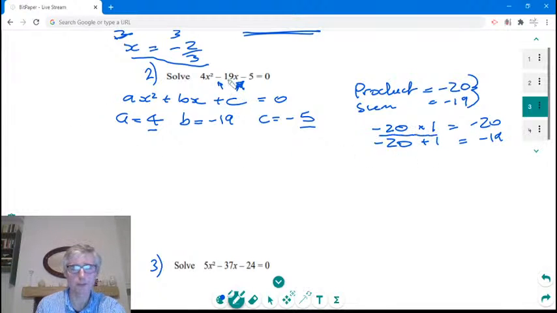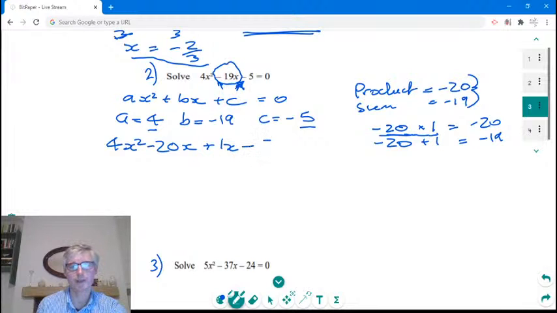So I'm going to split the middle number, minus 19x, into these two numbers. I'll rewrite it again, and I'll get 4x squared minus 20x, and then plus 1x. So we can see that minus 20x and plus 1x will in fact give us minus 19x.